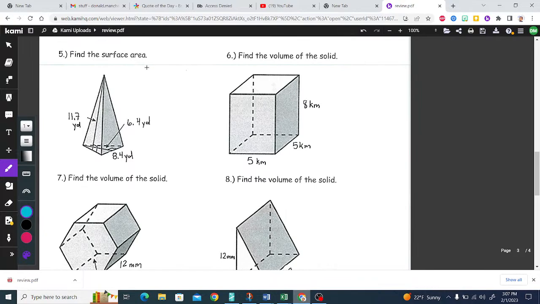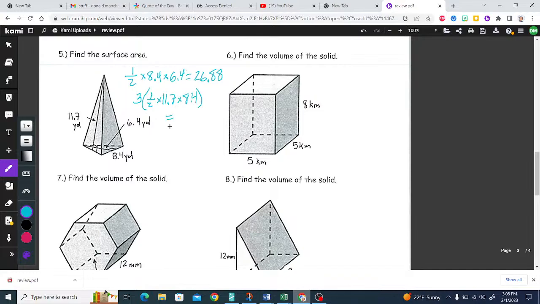Again, find the surface area. The base here is 1/2 times 8.4 times 6.4. So that base is 26.88. Then we have 3 triangles, 1/2 times 11.7 for the height of the triangles, and 8.4 for the base of the triangles.